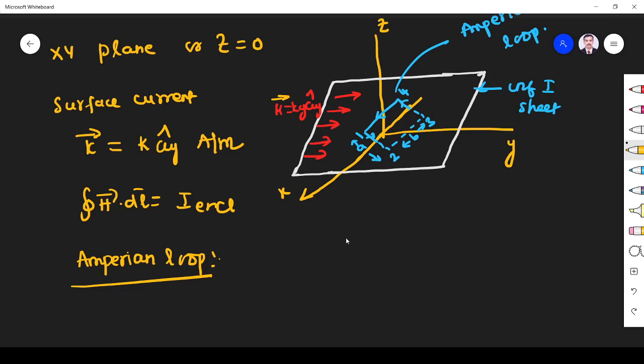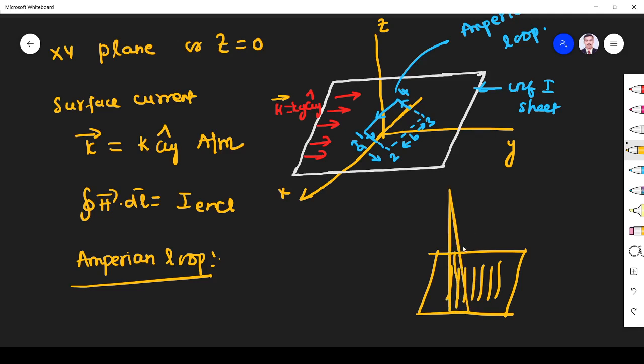or sheet or conductor. So here, let me consider that this sheet contains many filaments like this. If you add all the filaments, ultimately we get the total sheet. Any sheet contains an infinite number of filaments.